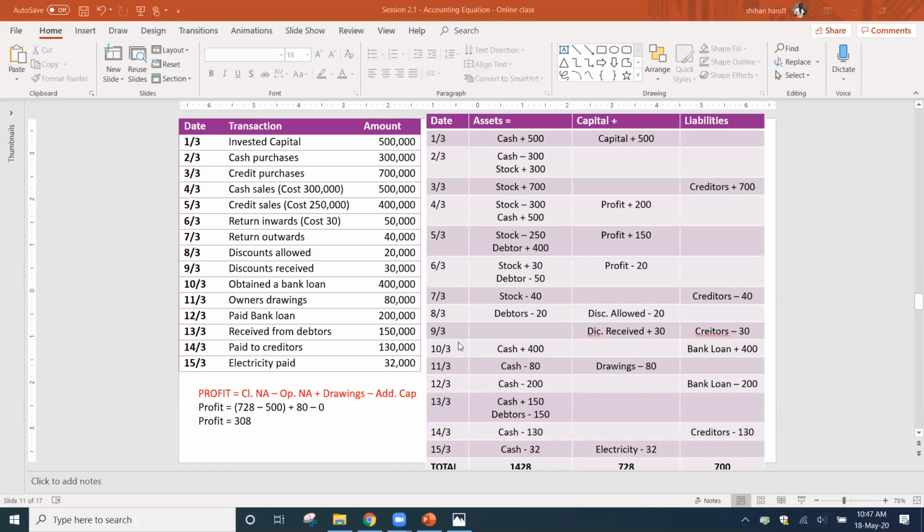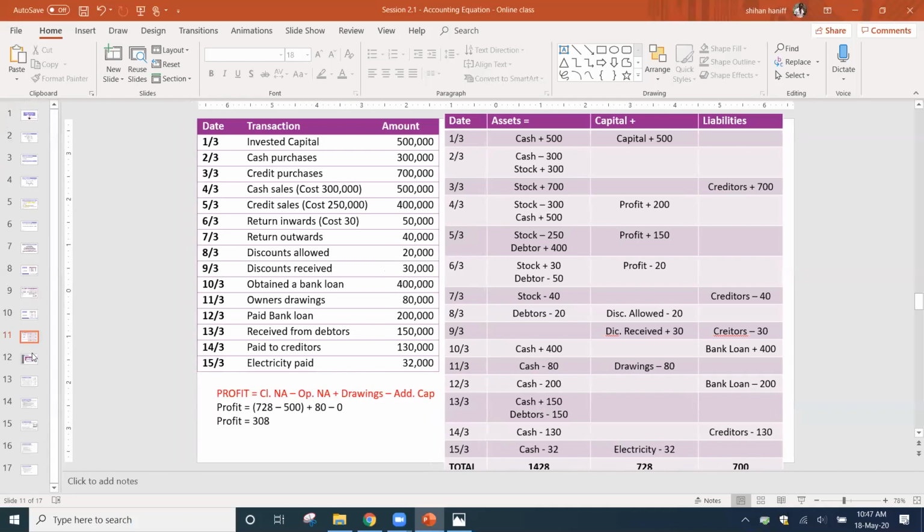So later I'll explain the final account part in the next class. So we did one basic question, one a little bit advanced with debtors and creditors.